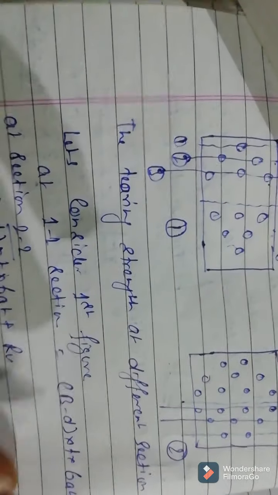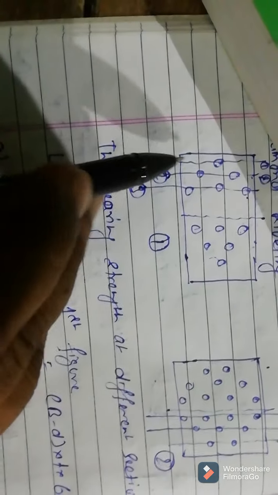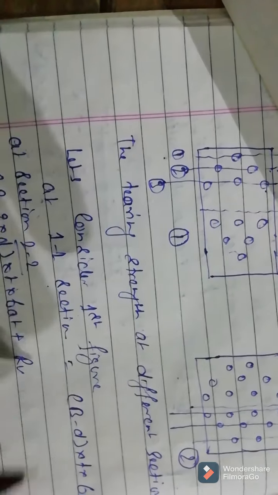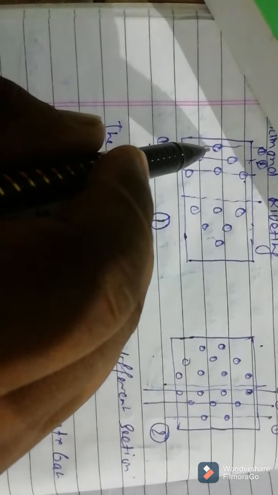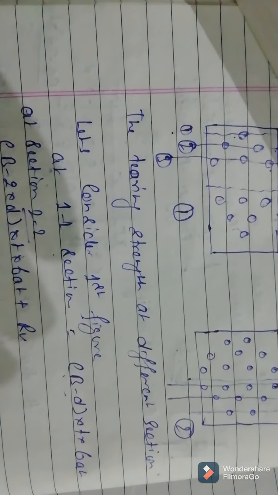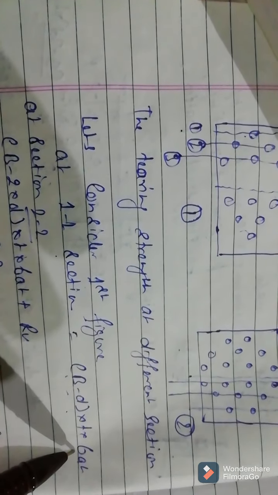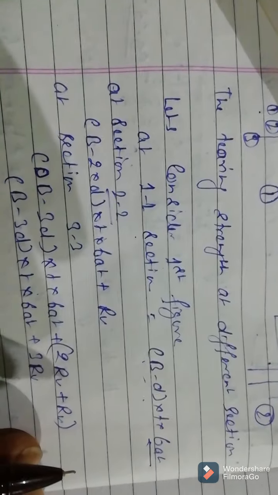At the first section, the tearing strength is (B minus d), where d is the diameter, because only one rivet is used. So that is (B minus d) into t into sigma at, where sigma at is the permissible tearing stress.